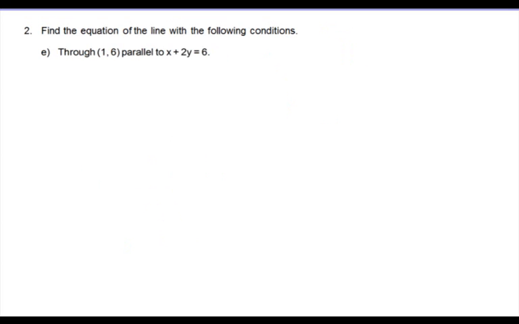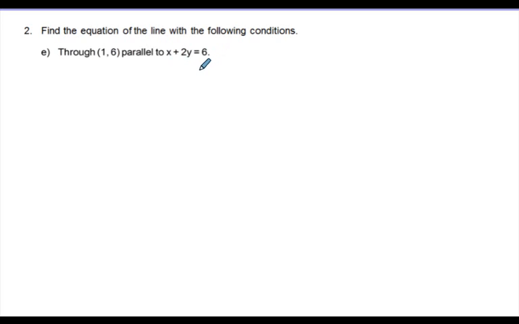Okay, next E. We have through (1, 6) and parallel to x plus 2y equals 6. The easiest thing in calculus, the one you're going to use the most, is the point-slope form. So let's go ahead and look at that quickly. Let's find the slope for this.